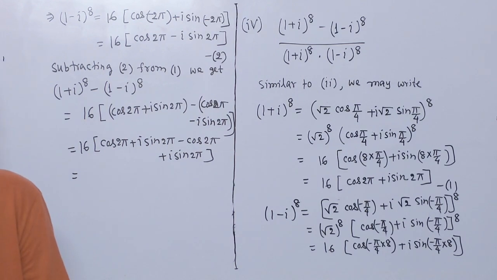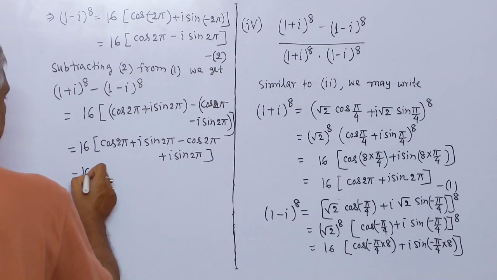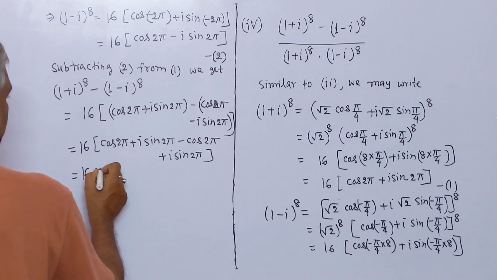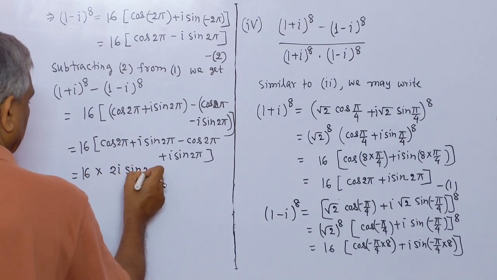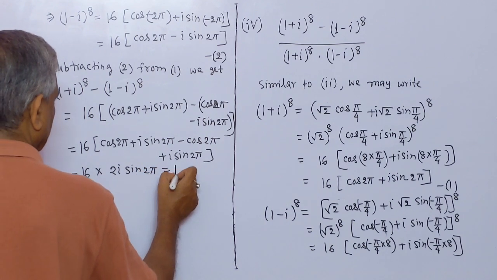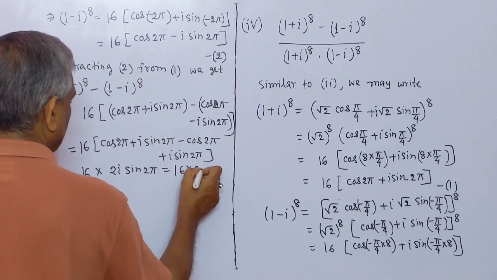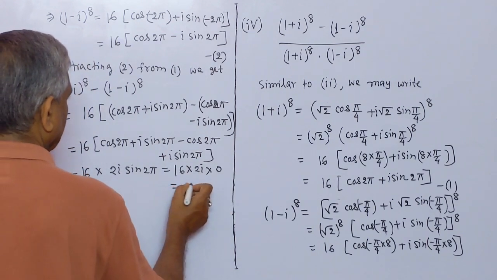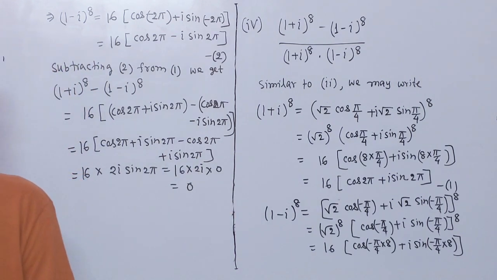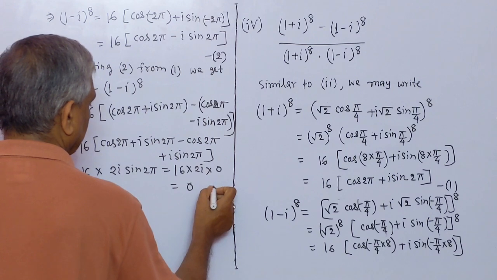This equals 16 multiplied by 2I sin 2 pi. This equals 16 multiplied by 2I multiplied by sin 2 pi, which is 0, and this is 0. This is number 3.